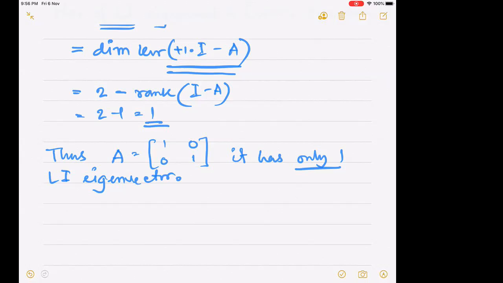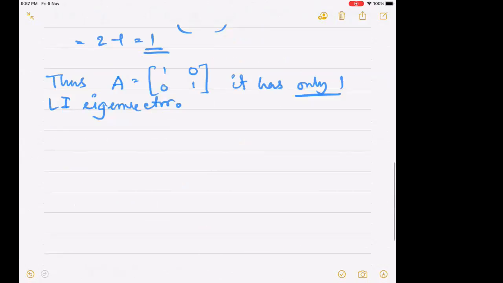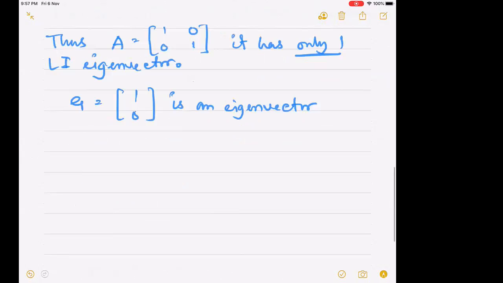In fact, we can find that eigenvector very easily. E1 equals (1,0) is an eigenvector. But you can notice easily that any alpha times E1, which is (alpha, 0), is also an eigenvector.